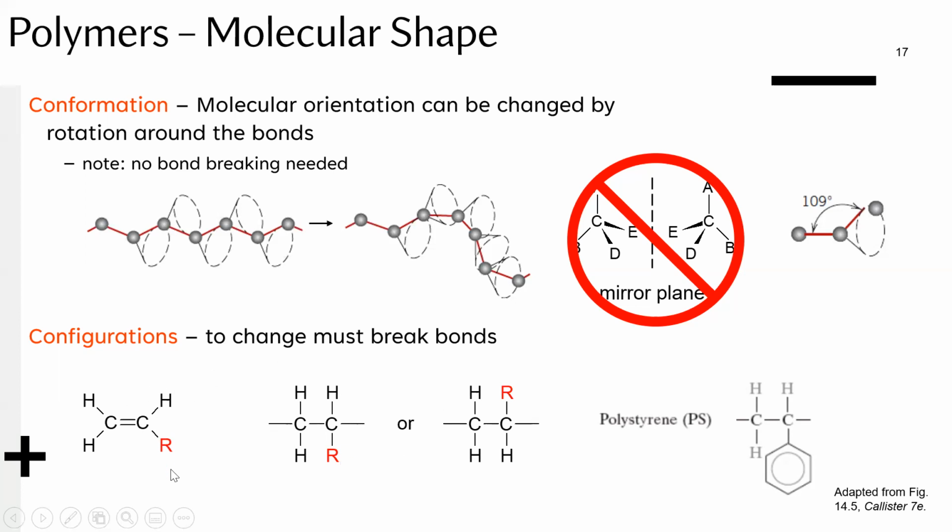You cannot just simply do that when it was a double bond. Similarly, here, you could actually change this configuration in your synthesis process. You can determine that, but you cannot change that afterwards if this was a double bond.